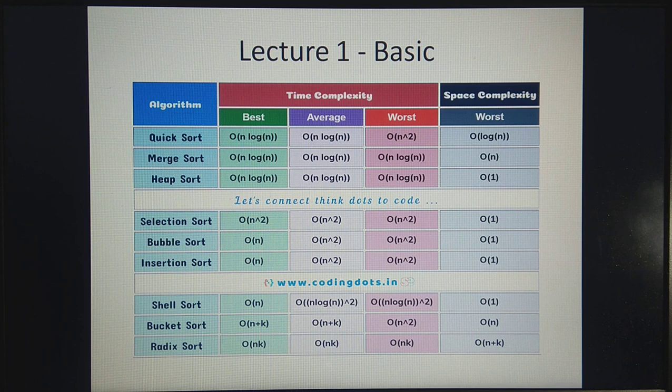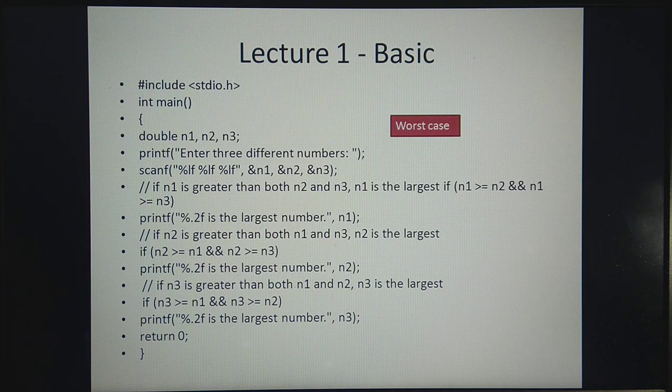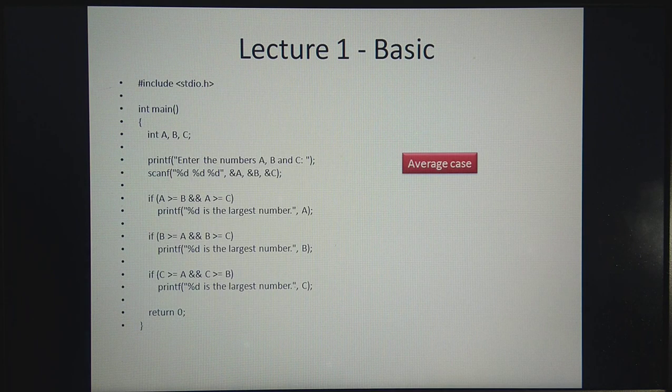They have written order of n log n, order of n square, order of n plus k, order of nk. So how to find it? This is a question. Now how to measure the time and space complexity? This is a question. So here we will not discuss.